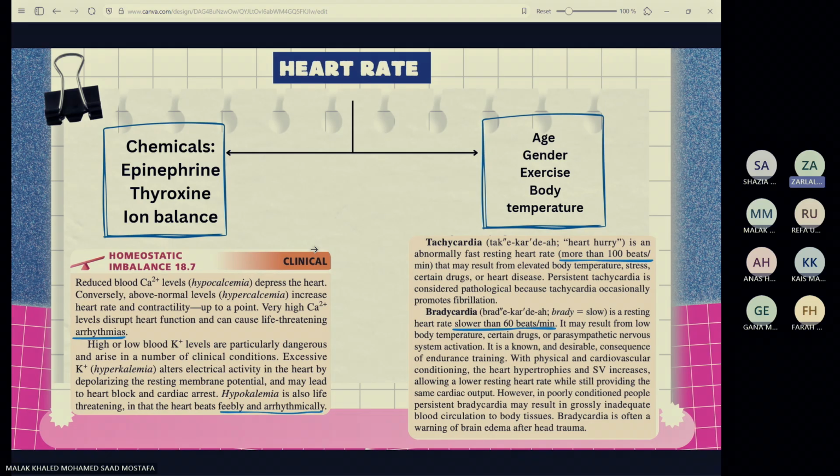When there is a high level of potassium, it can lead to heart block and cardiac arrest. But when there's very low potassium, it will lead to reduced strength of the heart and out of rhythm beating. We have age, gender, exercise, and body temperature. They will also affect the heart rate.